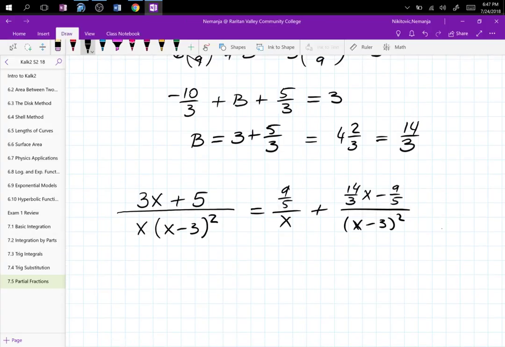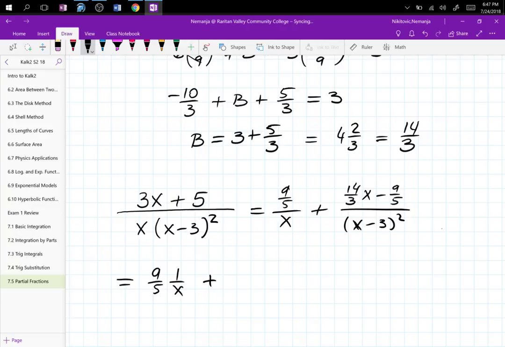So now this 5 would go in the denominator. Actually, it's better if you leave it there, but how about 9/5 times 1 over x plus, over here, multiply top and bottom by 15 to get rid of the double fraction.